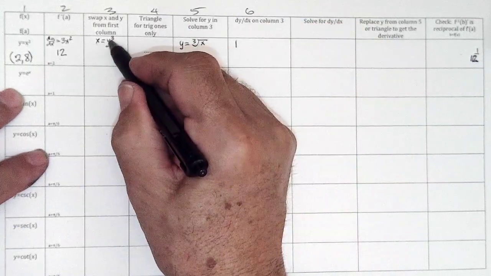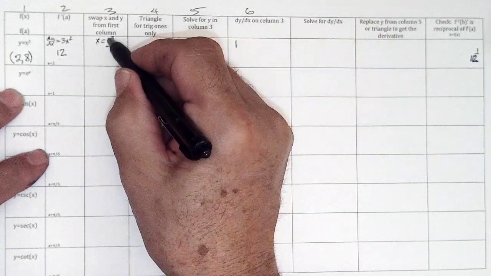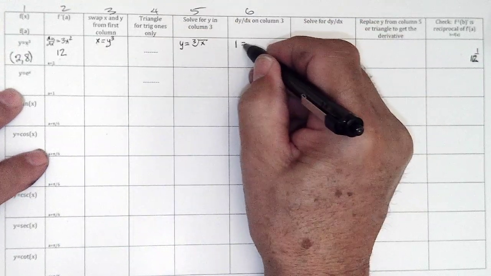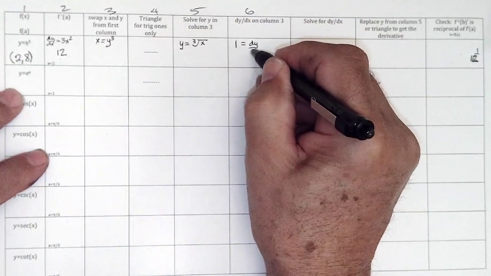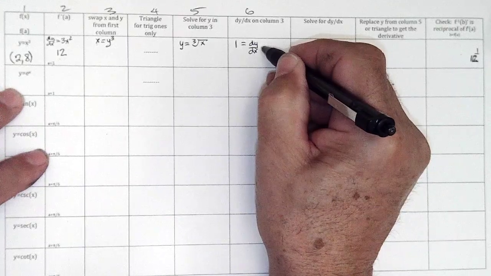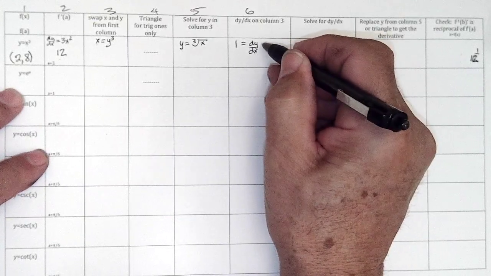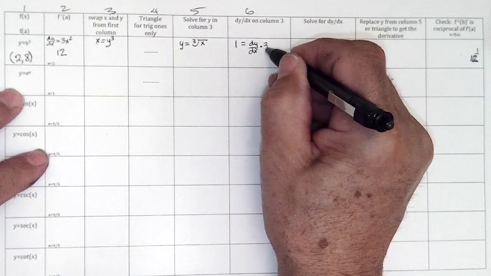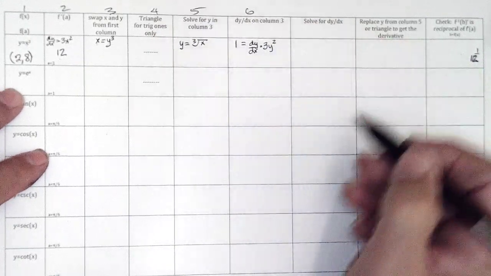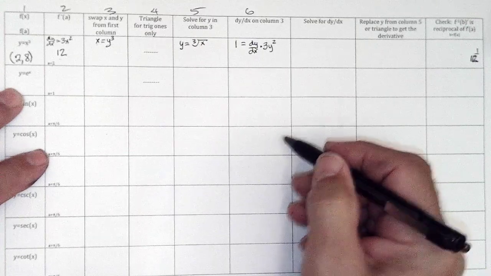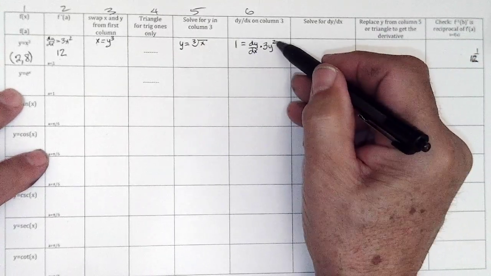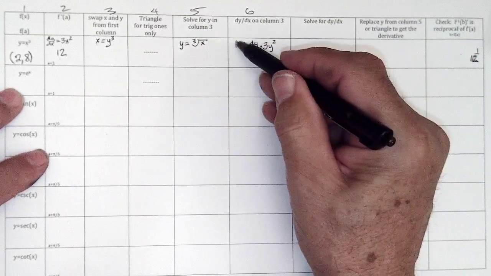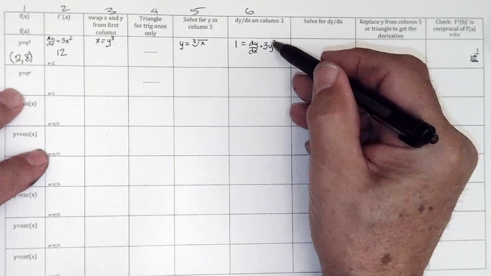The derivative of something to the third is the derivative of the inside, so it would be dy dx, or y prime if you will, times the derivative of the bigger picture, which would be 3y squared. So if I solve for dy dx, I'd have to divide both sides by 3y squared.